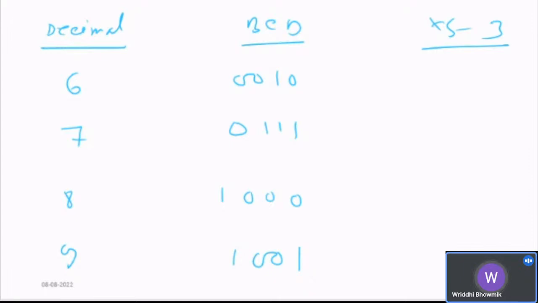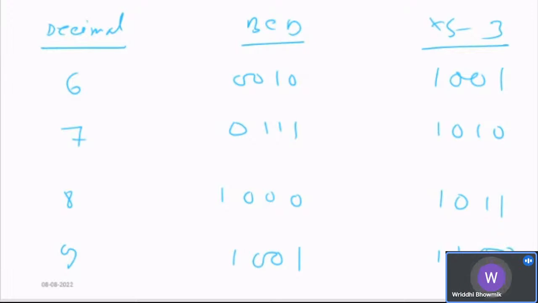If you add 3 to 6, this gives you 1001, because 6 plus 3 is 9. You have 7, so when you add 3, you have 1010. When you have 8, if you add 3, you have 1011. And when you have 1001 and you add 3, you have 1100.